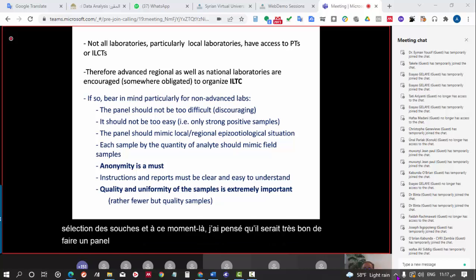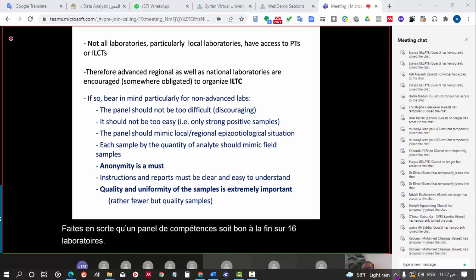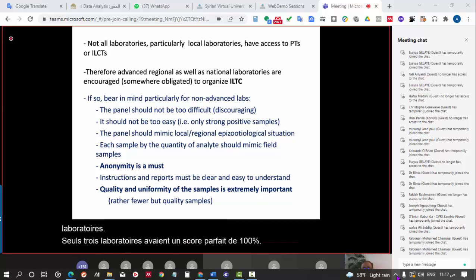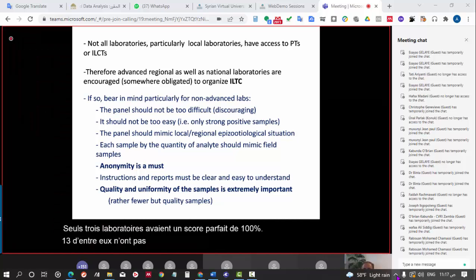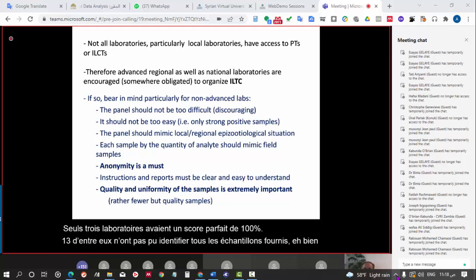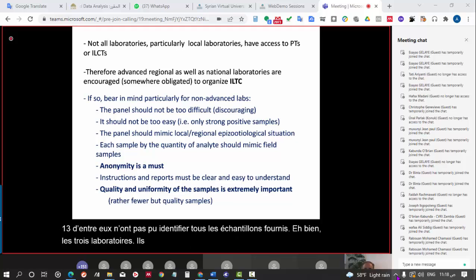At the end, out of 16 laboratories, only 3 laboratories had a perfect score of 100%. 13 of them could not identify all of the samples provided. Well, the 3 laboratories were very happy, and they said, this is an excellent panel. It was quite challenging for us.